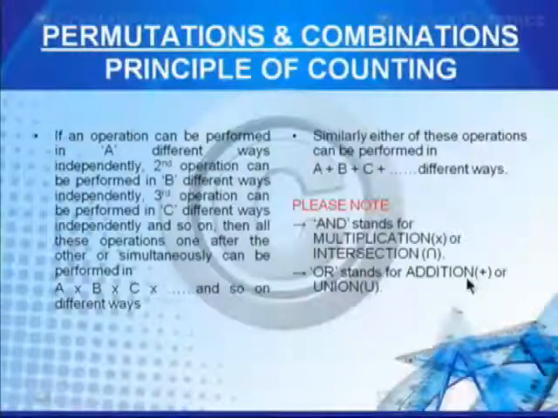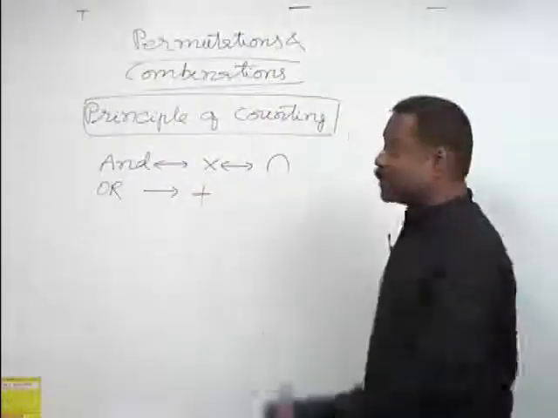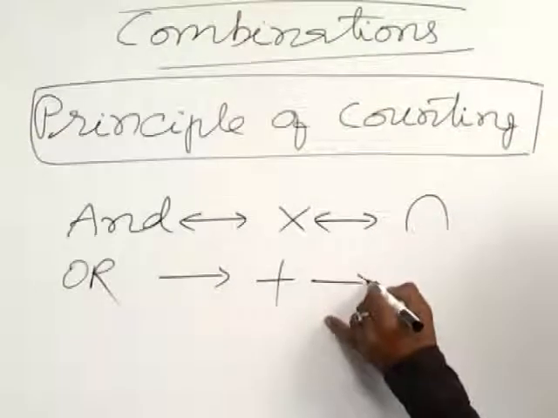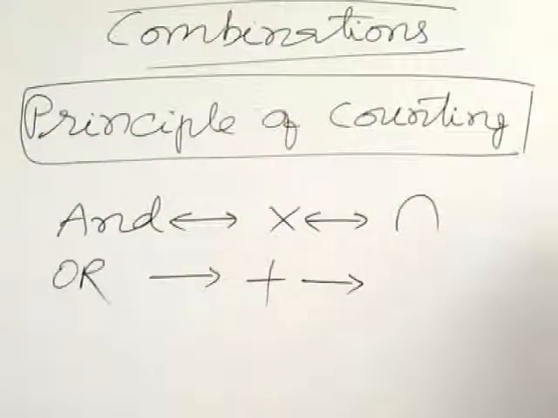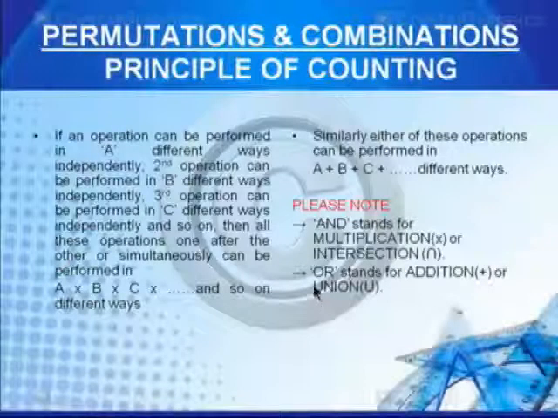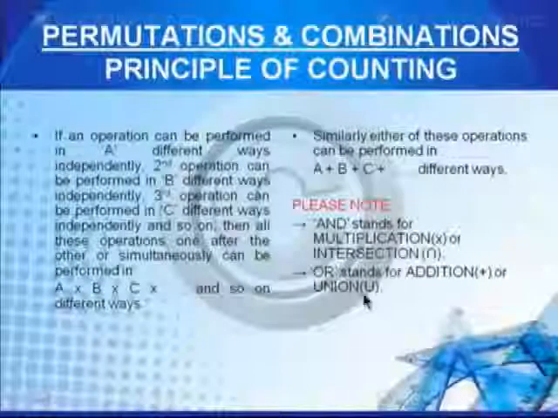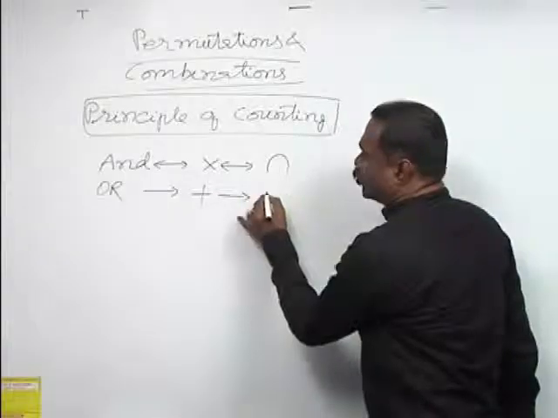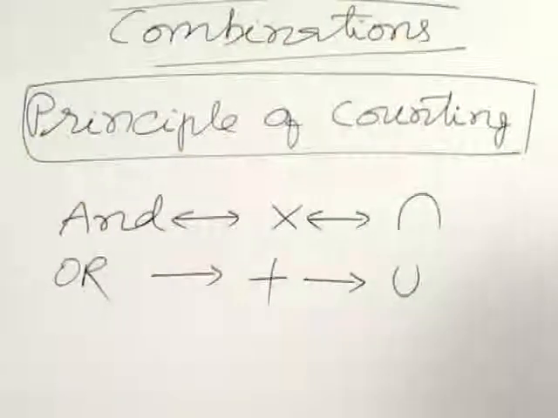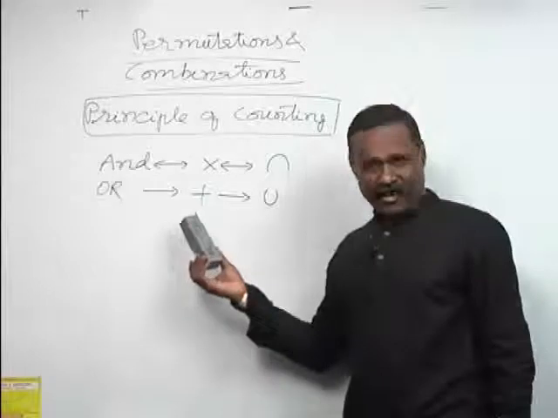Addition means plus, and after the introduction of set theory, you will be learning the probability based on these permutations and combinations. In the probability, union will be converted as addition, plus.